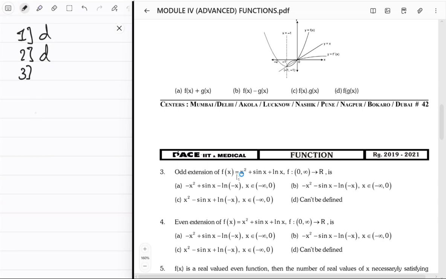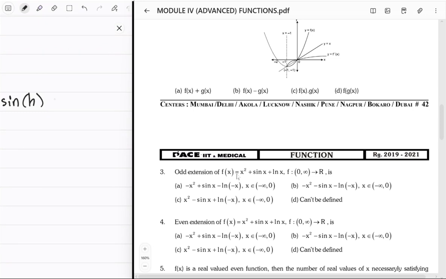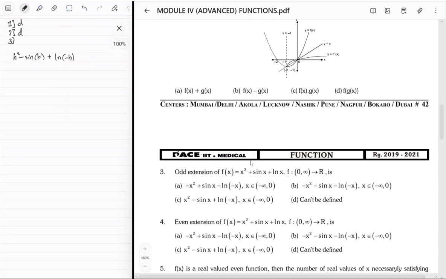This is going to be h squared minus sine of h plus natural log of negative h. That's what the function would be if it's in the... there's no way to be thinking about it. Maybe I should do it something like this.